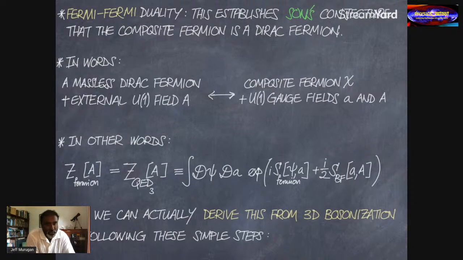In equations, the statement here is that this Z fermion, a free fermion coupled to an external gauge field, is dual to three-dimensional quantum electrodynamics, ZQED3, which is this path integral, which contains a fermion action and a BF action that couples little a with capital A. Okay? And that's just a statement of Son's conjecture, the Fermi-Fermi duality.